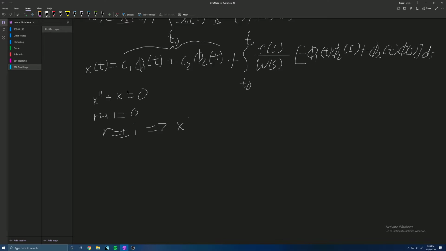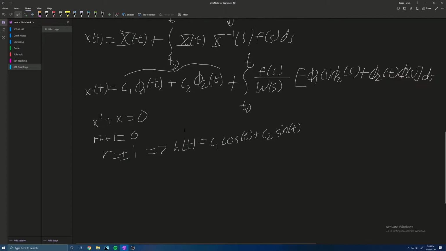It's going to be x of t. Actually, I'm going to write this as h so we don't get confused here. h of t equals c1 cosine of t plus c2 sine of t.